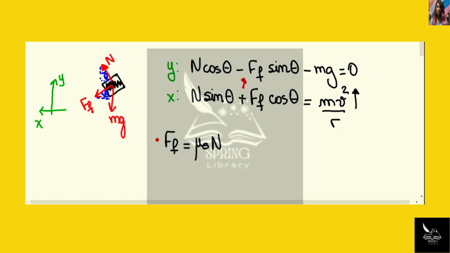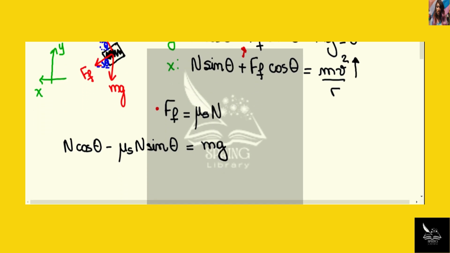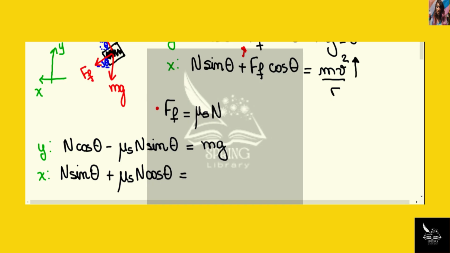So I'm going to substitute this into the y component. So we have n cosine of theta minus mu s n sine of theta is equal to mg. Okay, this is the equation for the y-coordinate in this extreme situation. And the equation for the x-coordinate is n times sine of theta plus mu s n cosine of theta, and this is mv squared over r.